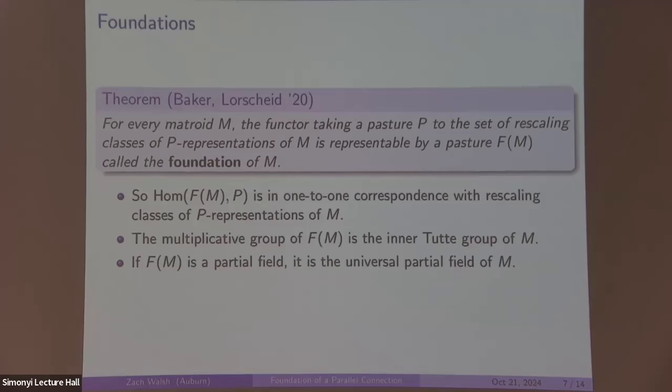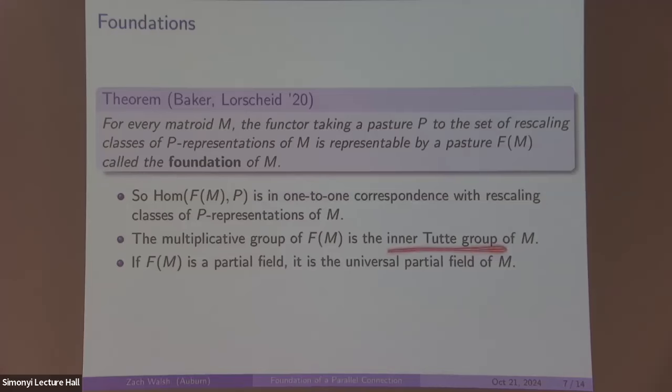We'll look at some examples in a second. I just want to say that this ties in really nicely with a lot of existing algebraic invariants in matroid theory. The underlying multiplicative group of the foundation of a matroid is the inner Tutte group of the matroid. If you know what that is; if not, that doesn't matter for this talk.